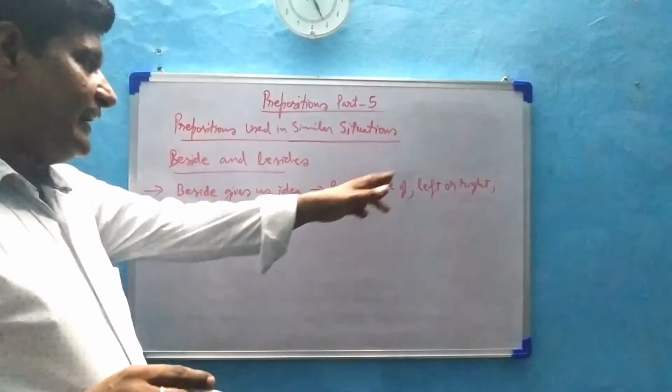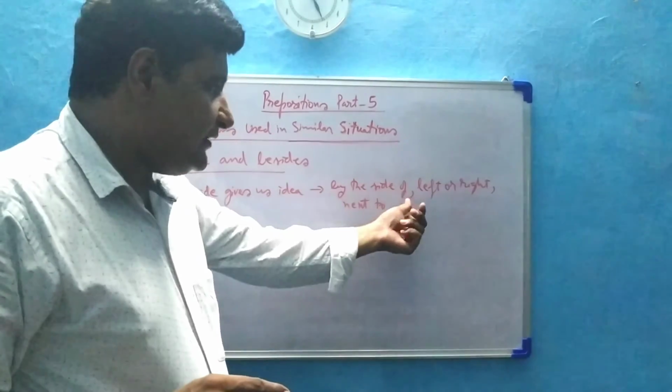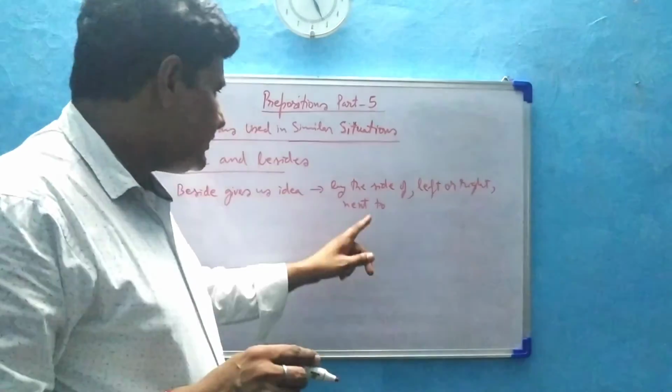So these three ideas are there. Either the thing is by the side, it is left or right, or it is next to.